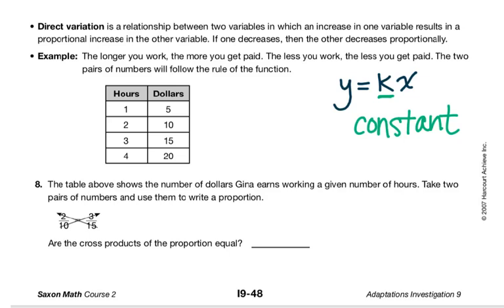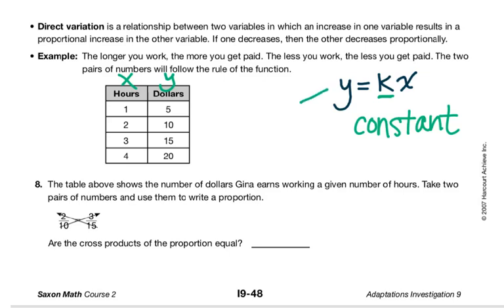So if we were to make our function into a formula that looks like this, our y is, well, how much money we're going to make, and our x is how many hours we've worked.